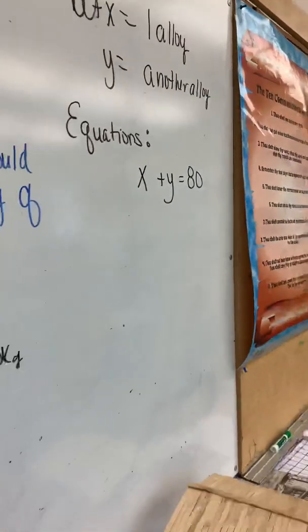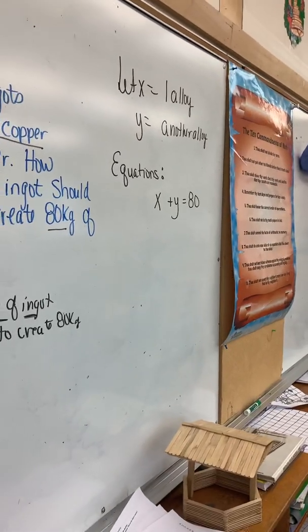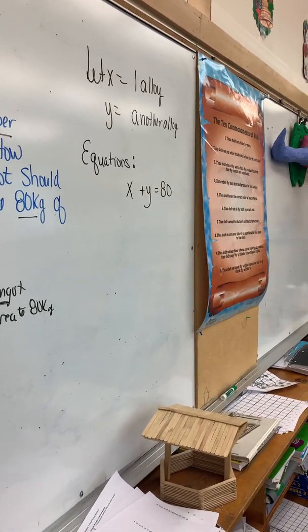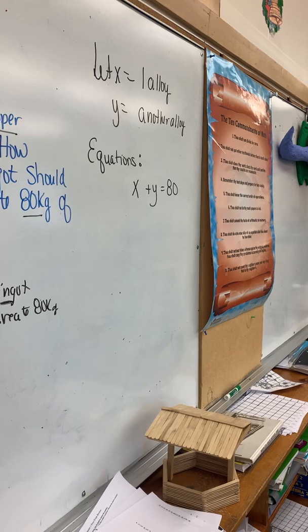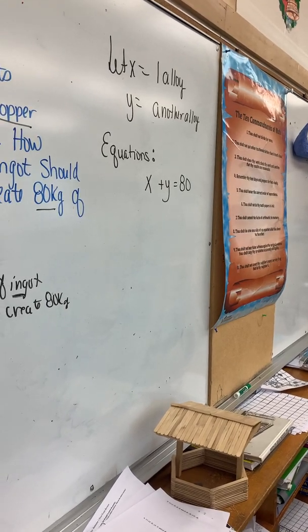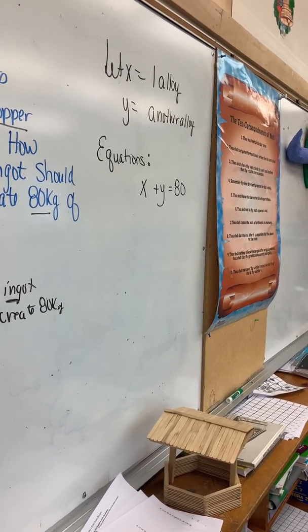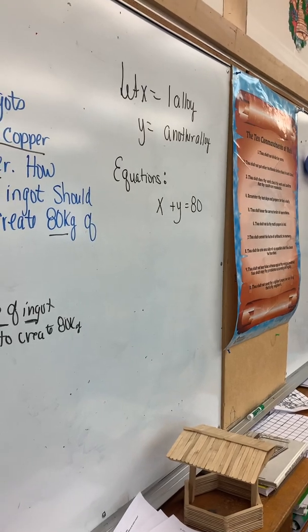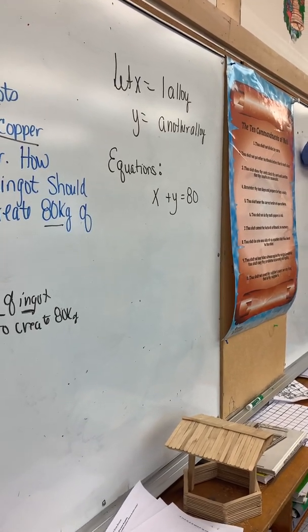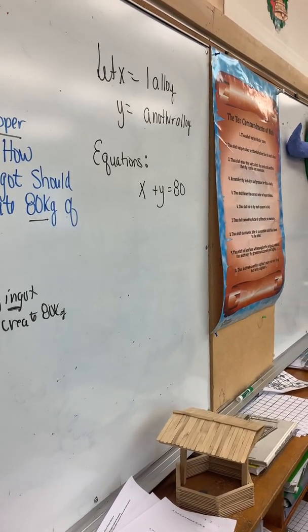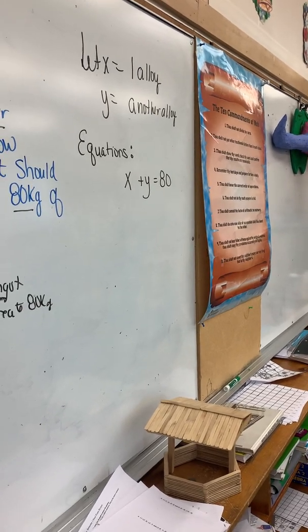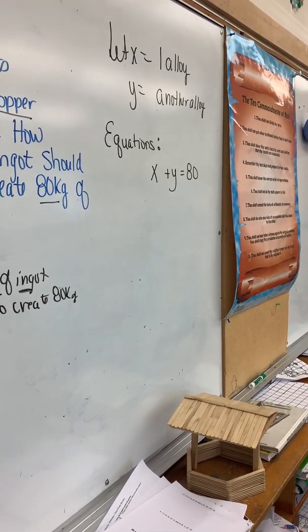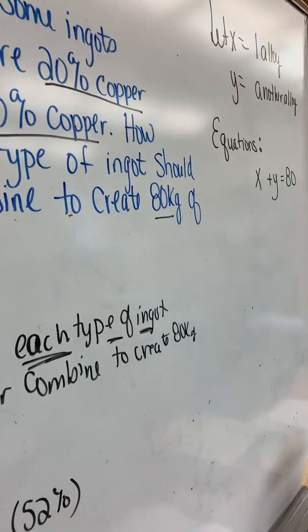If I'm dealing with specific weight, x plus y has to equal 80, or whatever amount it is. Whatever your total amount is, you're going to have your equation of x plus y equals the total amount. Let's now deal with the percentages, because that's the next thing we're working with, right?